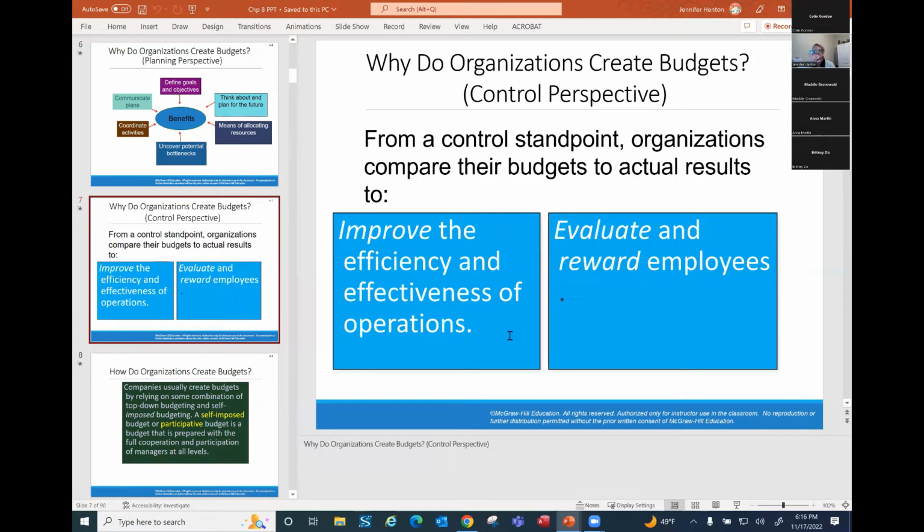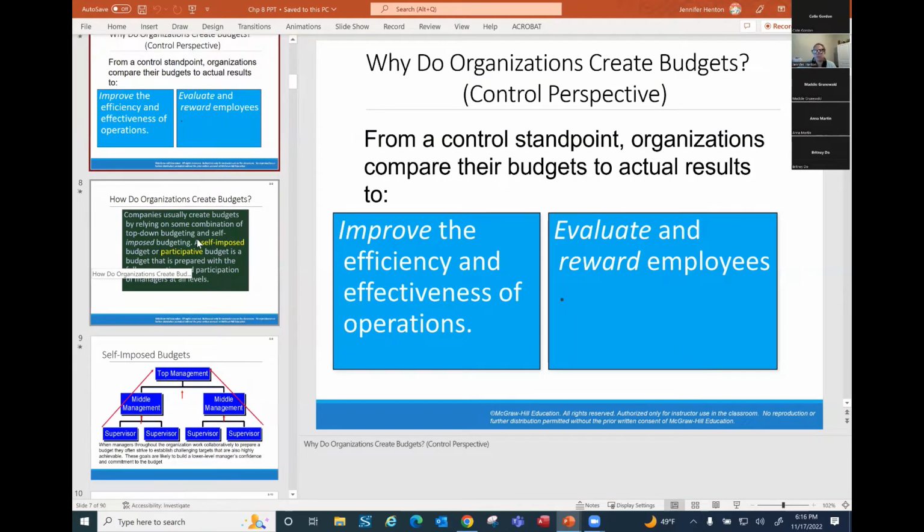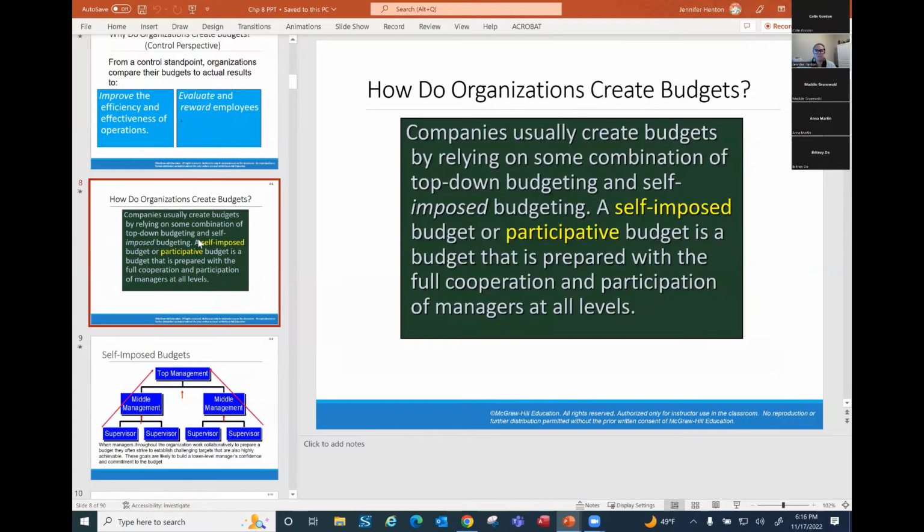So we want to improve the efficiency and effectiveness of the operations, and we want to evaluate and sometimes reward employees. In a manufacturing plant, there are rewards that can be tied to some of the employees at different levels. Companies usually create the budgets by relying on some combination of top-down budgeting and self-imposed budgeting.